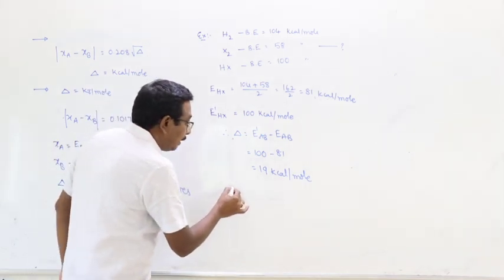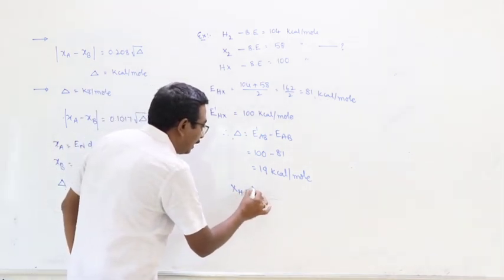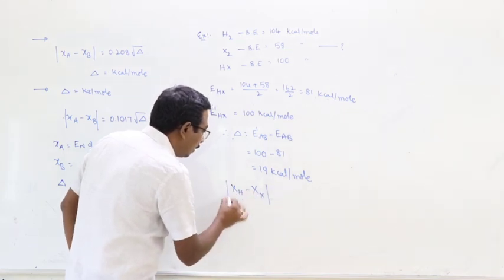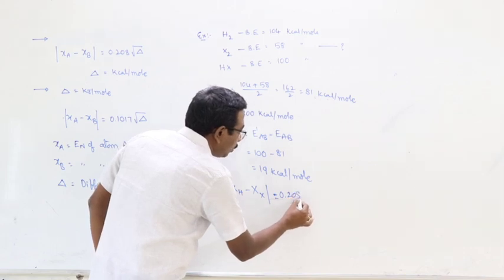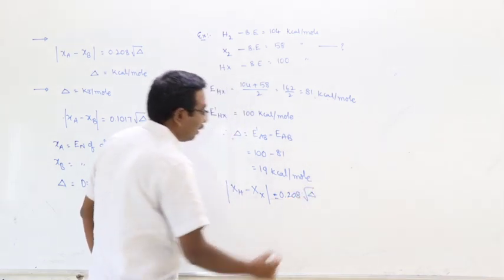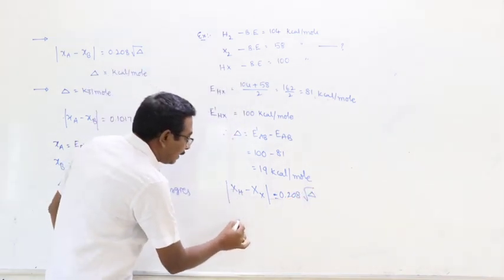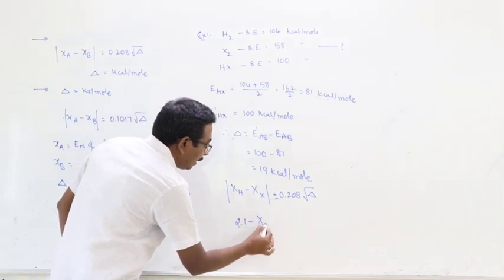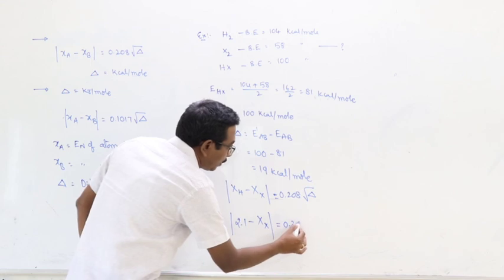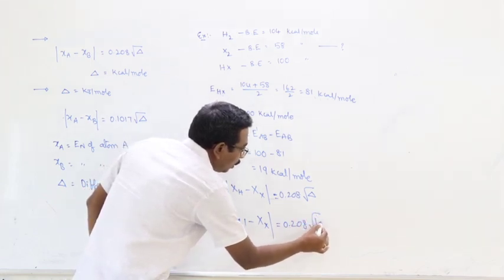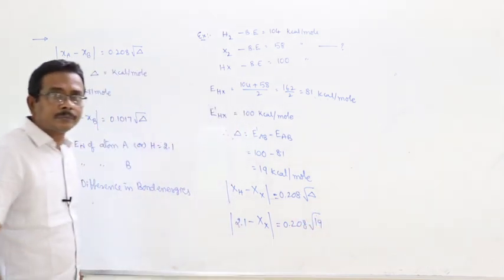Now look at the formula. Modulus of XH minus XX is equal to 0.208 into root delta. XH is equal to 2.1 minus electronegativity of X is equal to 0.208 into root 19.